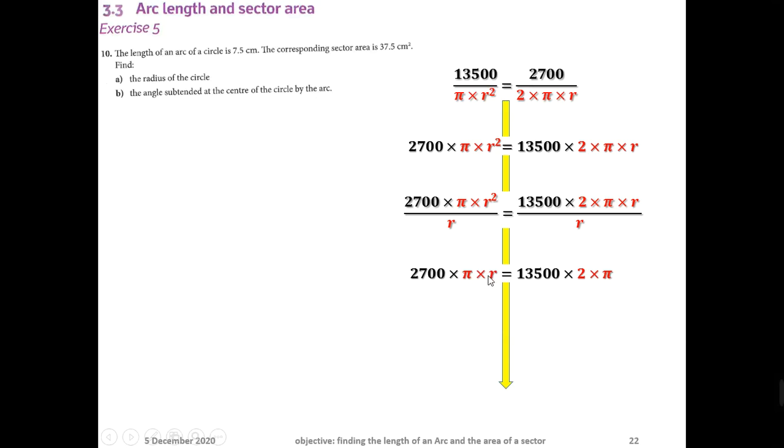And we're making r the subject, so we're going to divide all by 2,700 multiplied by pi. This way we isolated r, so r is going to be 10 centimeters.